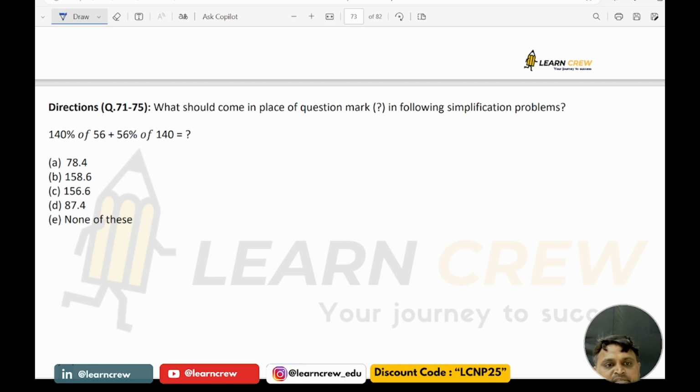140 percentage of 56 plus 56 percentage of 140. So x percentage of y is equal to y percentage of x. So I can say both are equal here. 140% of 56 is same as 56% of 140. So it is nothing but 50 percentage of 140, which is 70, and 6 percentage of 140 is 8.4. 70 plus 8.4 is 78.4.